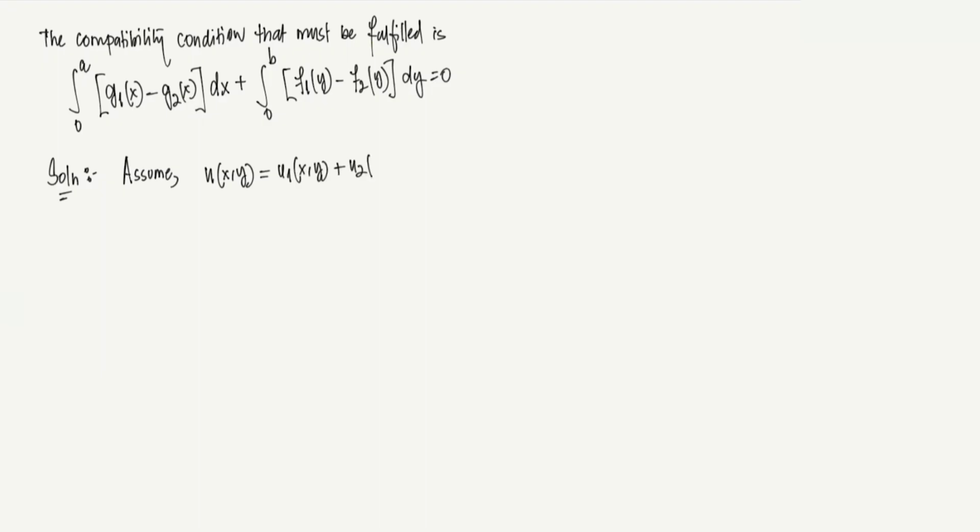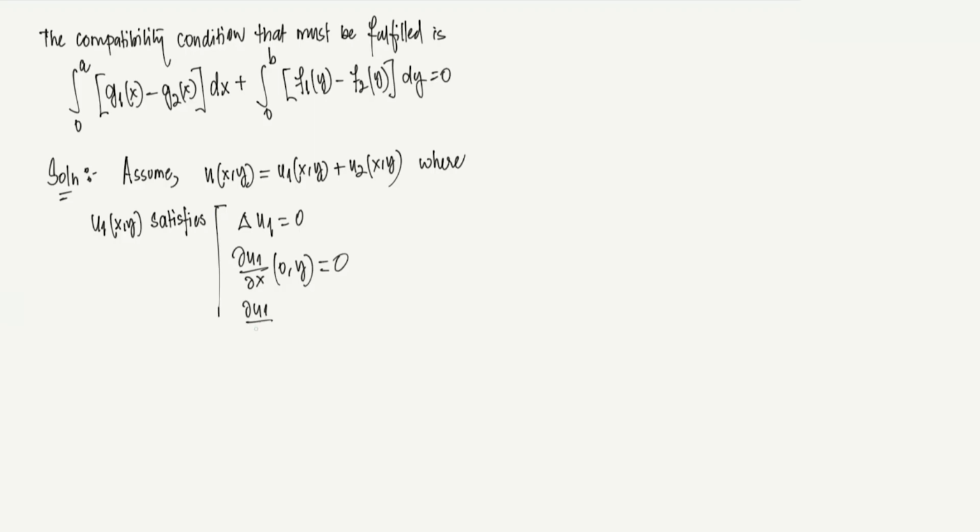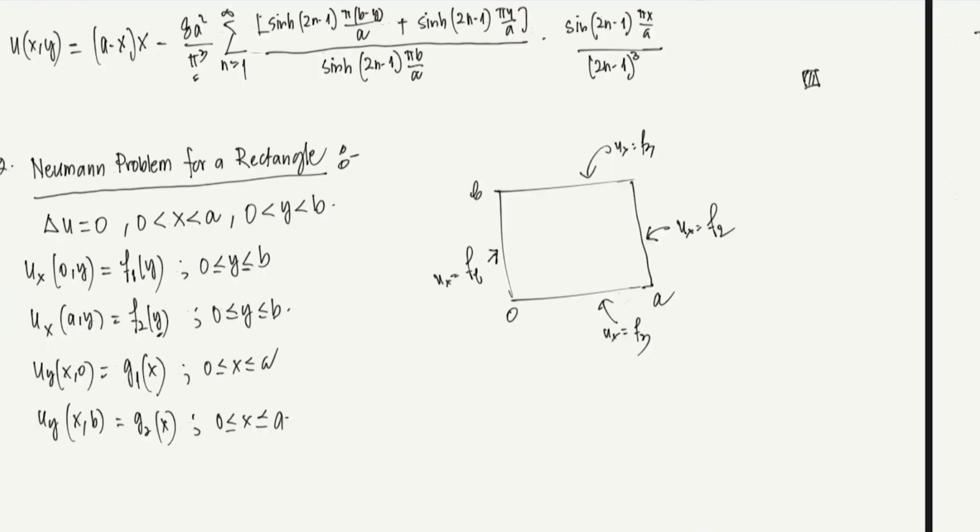We want to break it up, a decomposition, where u1 of xy satisfies this equation, Laplacian of u1 is 0, and u1 with respect to x at the x equals 0 line is 0. u1 with respect to x at the x equals a line is 0. u1 with respect to y at the point y equals 0 is g1.